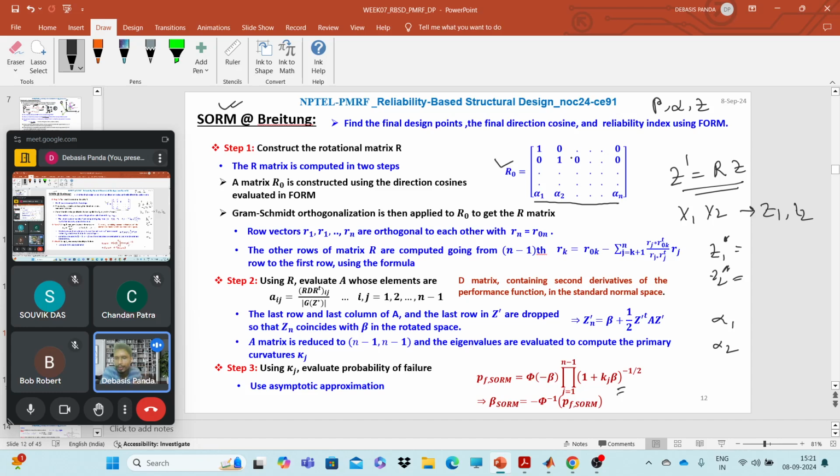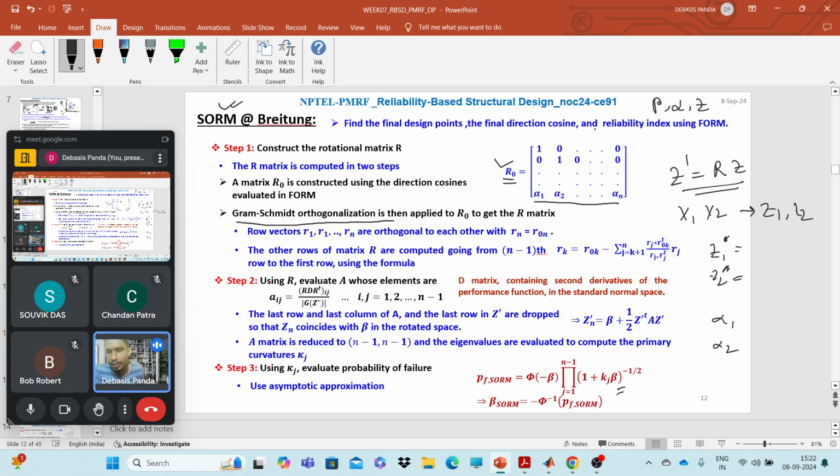So obviously, the last row of this rotational matrix must be the values of the direction cosines that we get from the FORM analysis, and the diagonal terms will be 1. The rest are all 0. Now, once we have that R naught matrix, we need the Gram-Schmidt orthogonalization algorithm to calculate the other rows of the matrix.